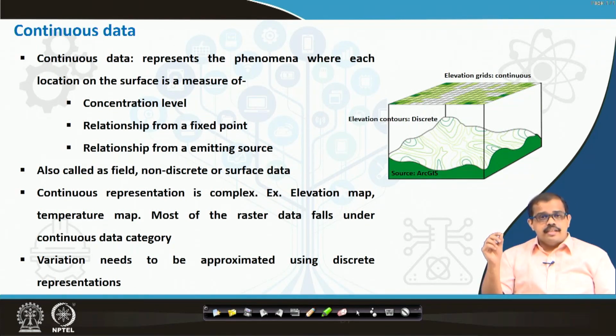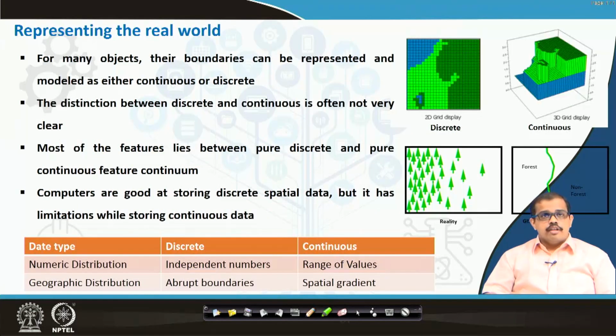So variation sometimes needs to be approximated using discrete representation. What you do is convert the continuous data into discrete data in order to show the variations. That is extremely important when you are handling continuous data. When we are trying to represent the real world, it is first of all complex, and moreover it is dynamic.